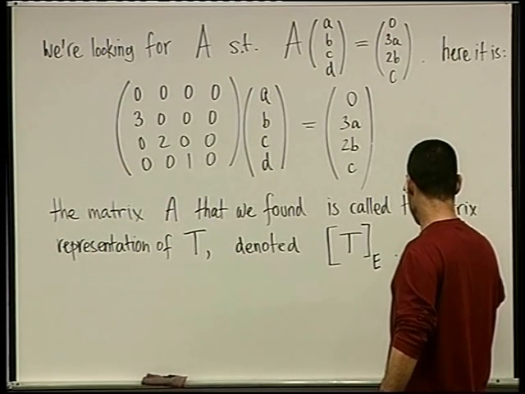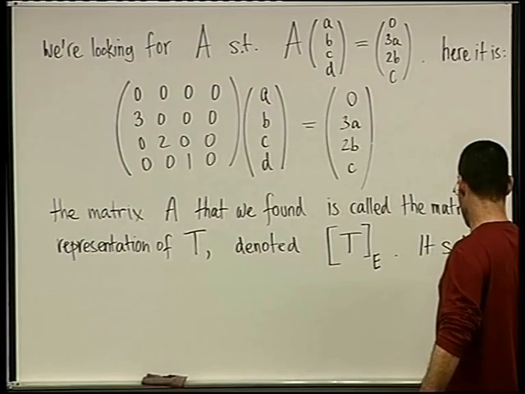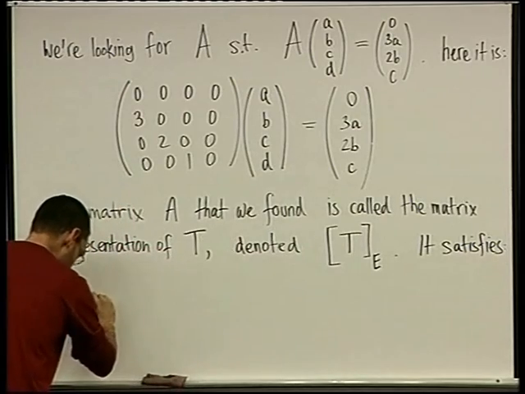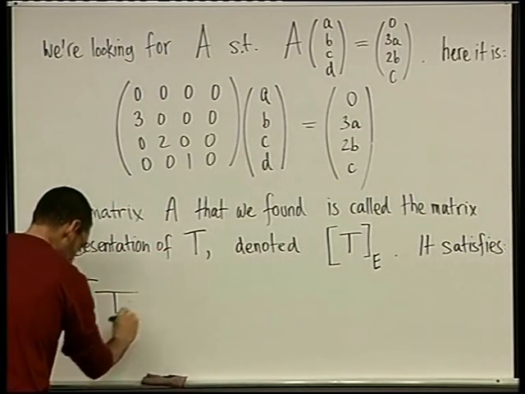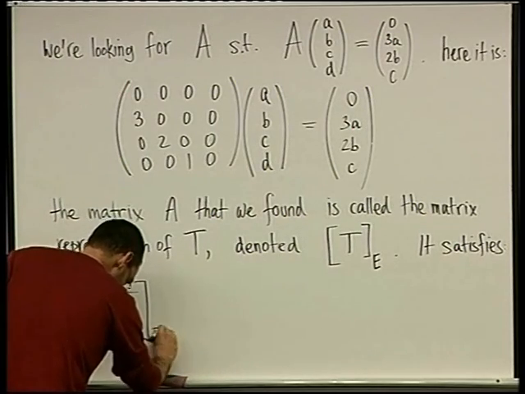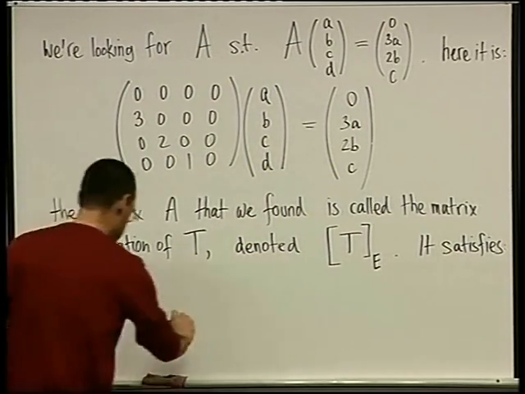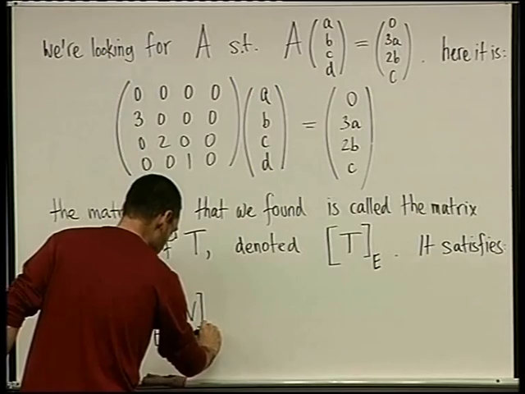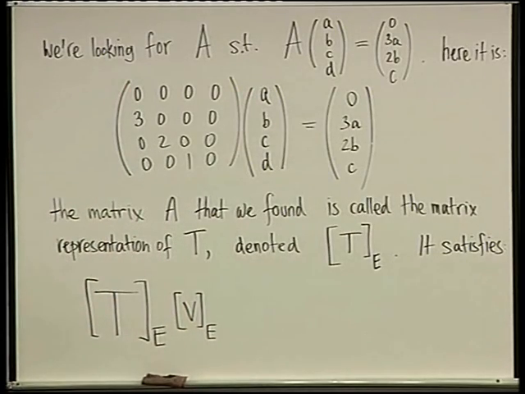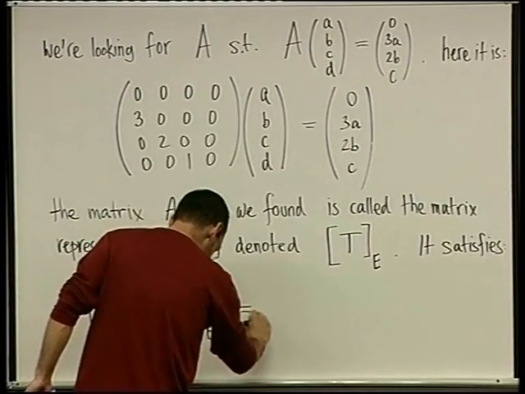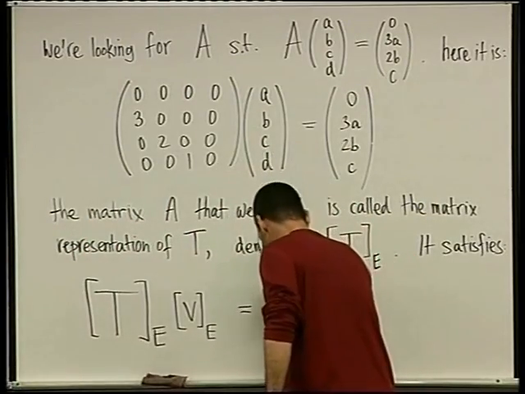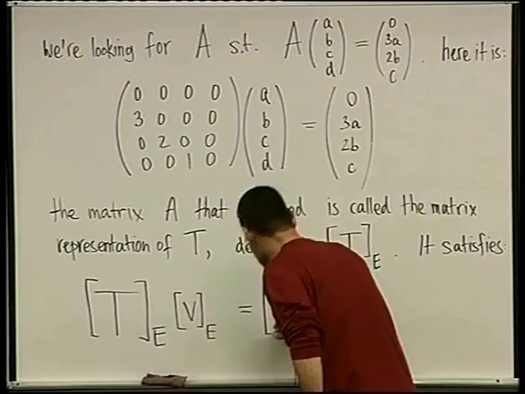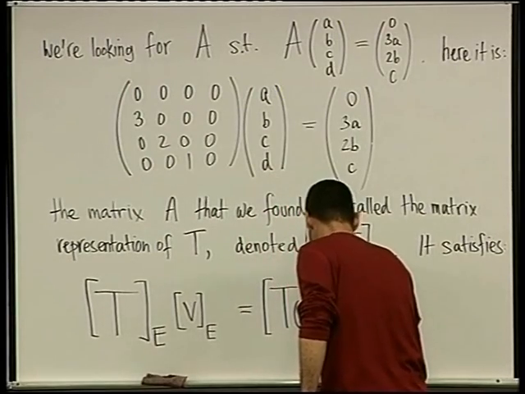And it satisfies, tell me if you agree, that if you take the matrix representing T with respect to the basis E and multiply it by the coefficient vector of a vector v with respect to the same basis E, what you get is T of v, again the coefficient vector with respect to the basis E.